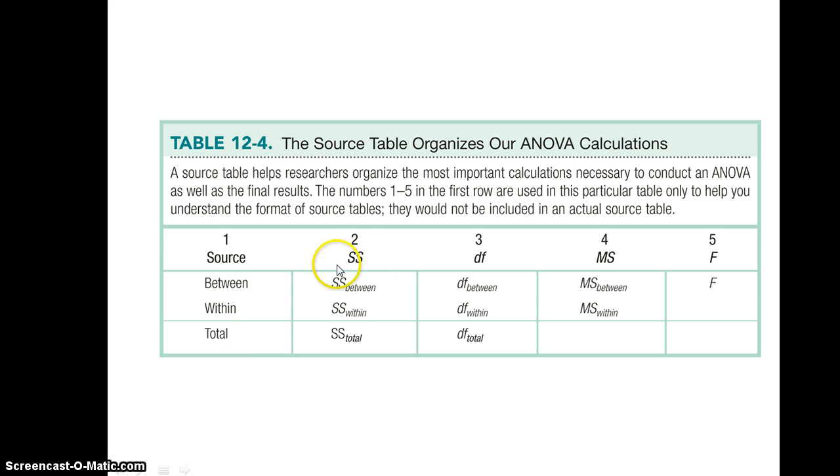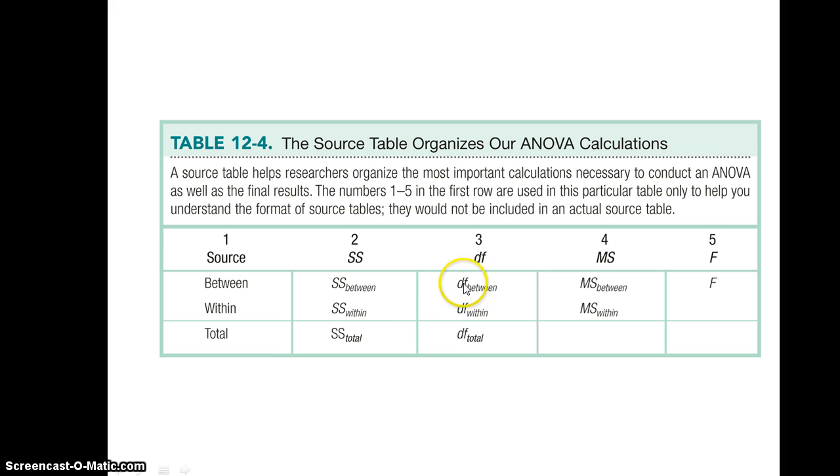So we get the sums of squares between, sums of squares should sound kind of familiar. We are going to get to where that comes from. We also have our sums of squares within each group, and then we have the total sums of squares, basically ignoring group membership and using the whole sample instead of taking into account that people are assigned to different groups.